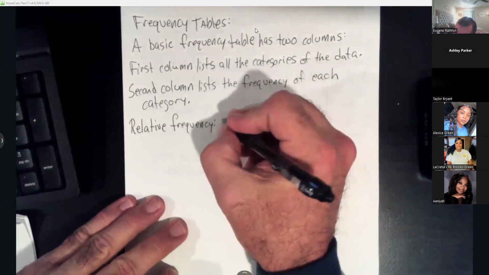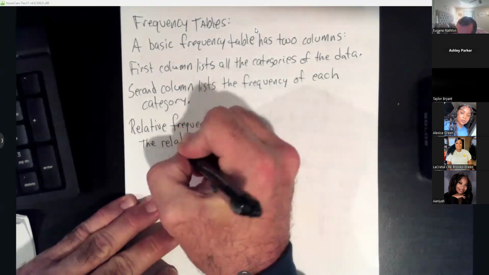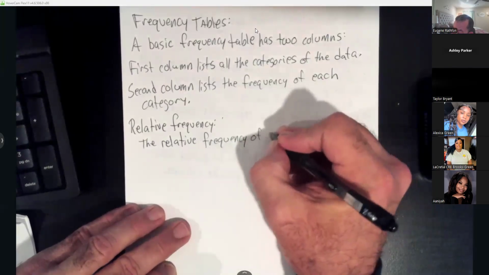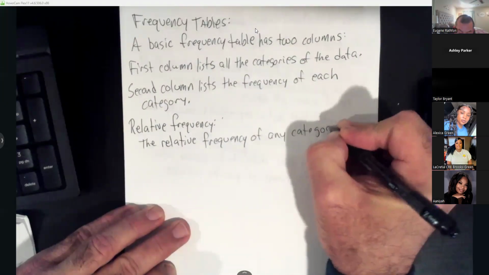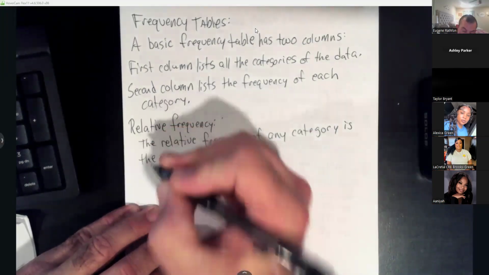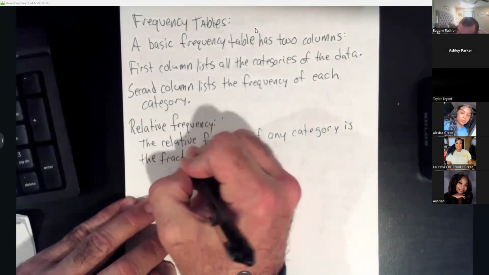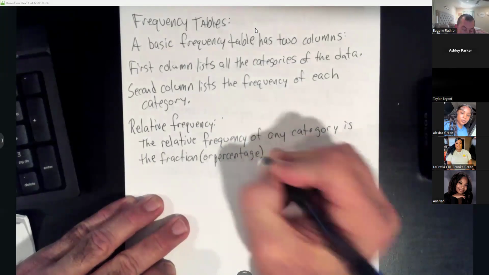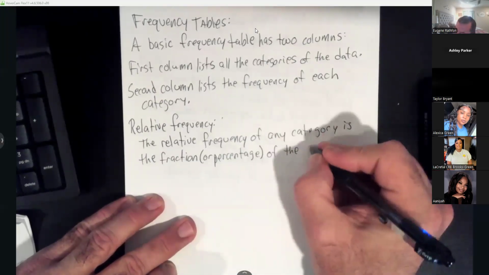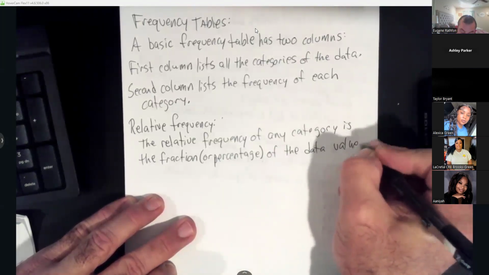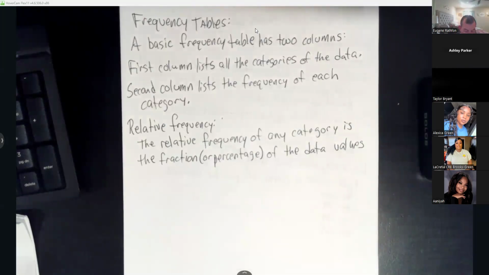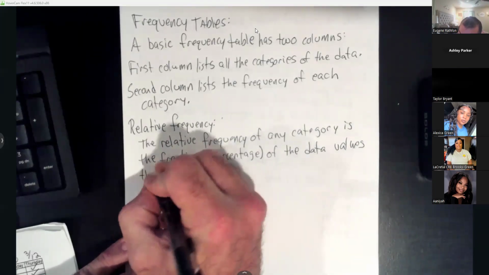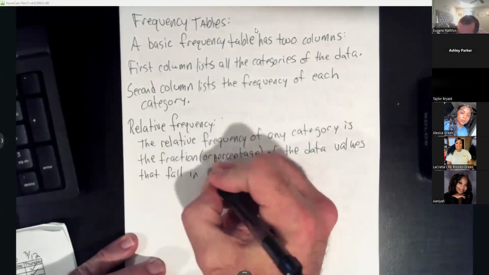So the relative frequency of any category is the fraction or percentage of the data values that fall in that category.